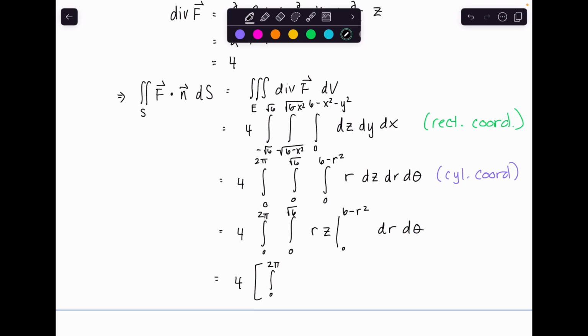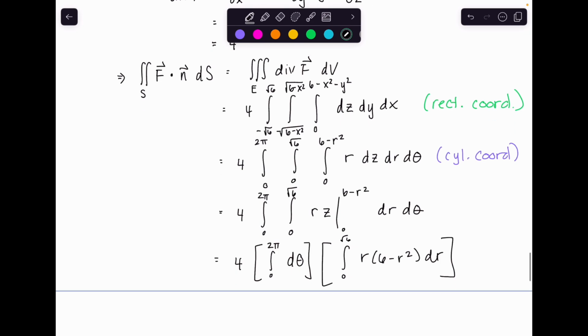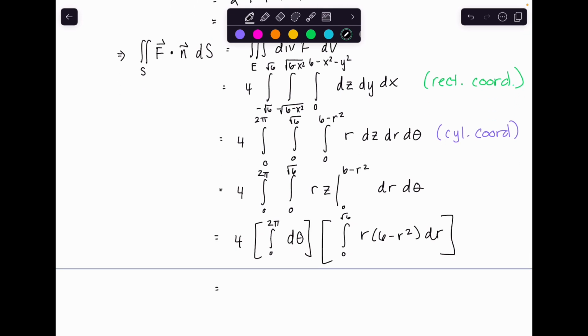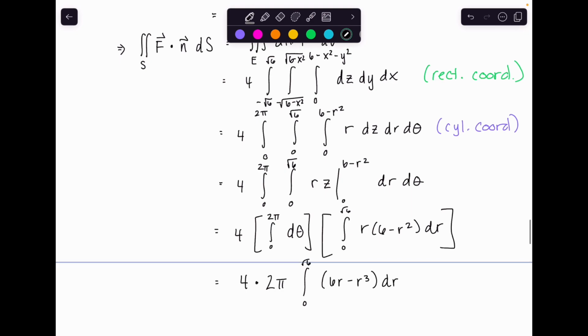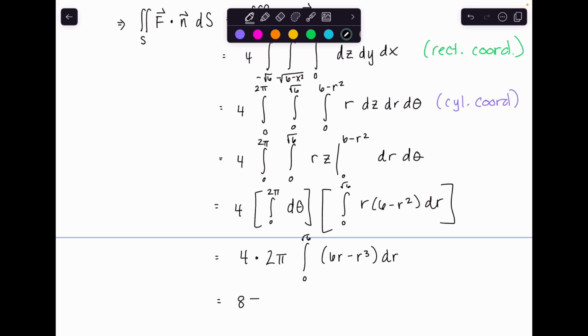The inside becomes separable, so you get 0 to 2 pi d theta, and then from 0 to root 6 of r times 6 minus r squared, integrated with respect to r. The integral from 0 to 2 pi of d theta just becomes 2 pi. And then here we're integrating from 0 to root 6 of 6r minus r cubed. And this gives me 8 pi.